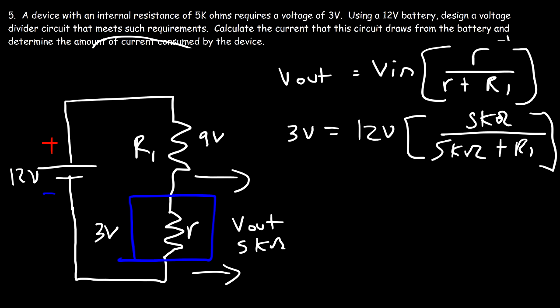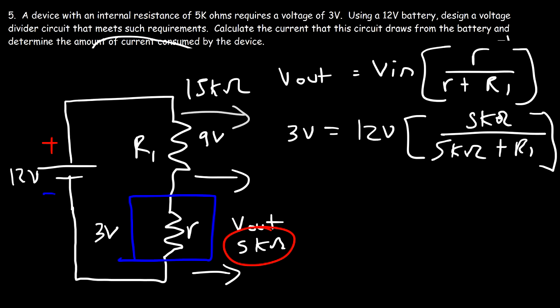And so, since the voltage drop across R1 is 3 times greater than across the device, we know that R1 has to be 3 times this value. So it's going to be 5 times 3, so R1 is going to be 15 kilo ohms.